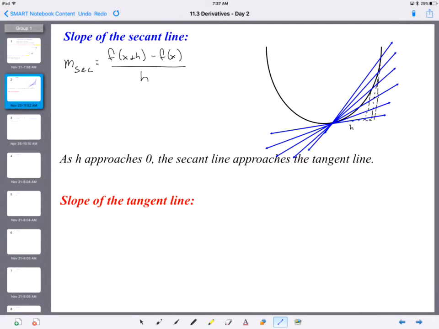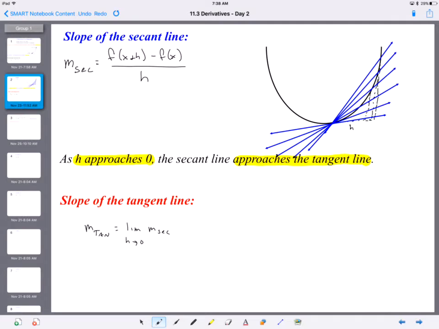until what happens? Until it becomes the tangent line. As h approaches 0, we approach this tangent line. So hopefully that leads you into what the slope of the tangent line is. Well, the slope of the tangent line is going to be equal to the limit as h approaches 0 of the slope of the secant line.